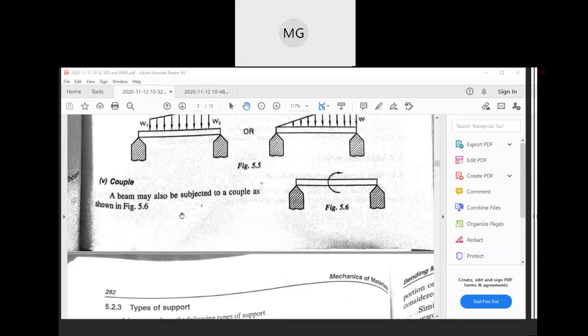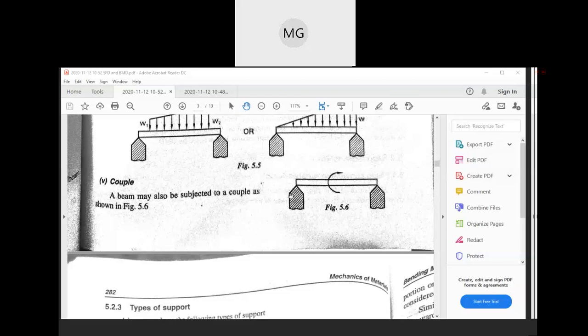Next, couple. Normally a couple is a load by distance. Because of the couple, the beam may rotate. If the couple is acting like this, the left hand of the beam gets lifted up, and the right hand may go down.